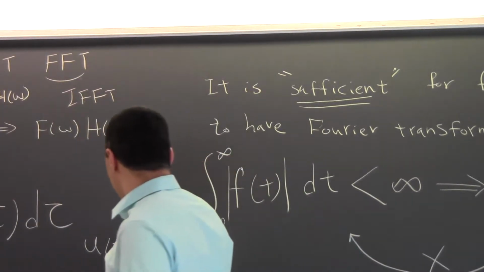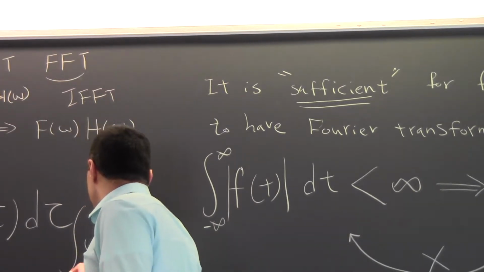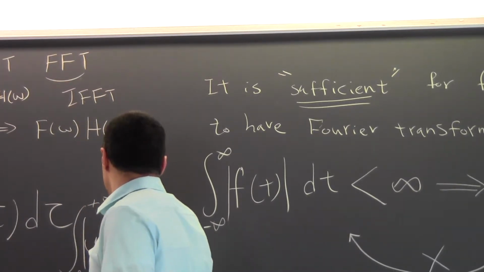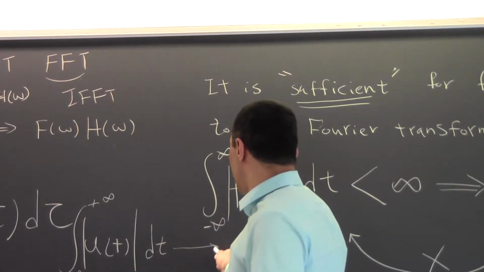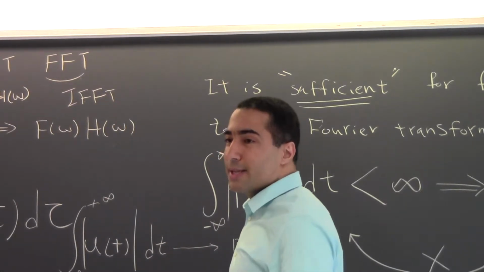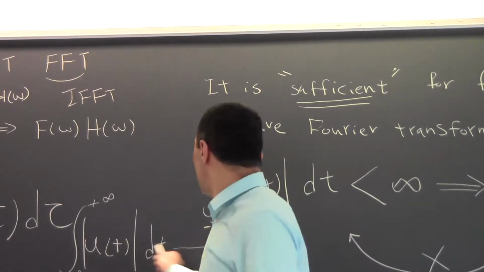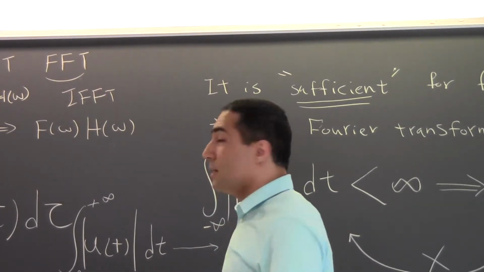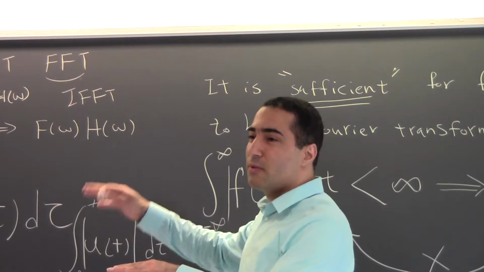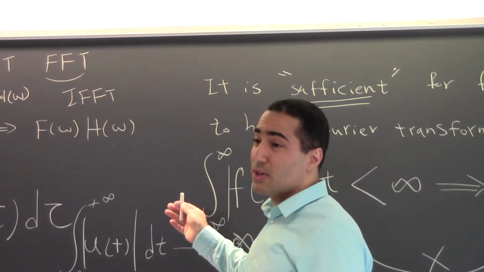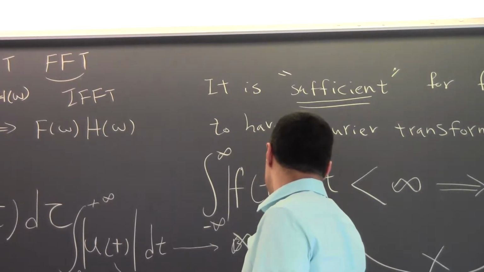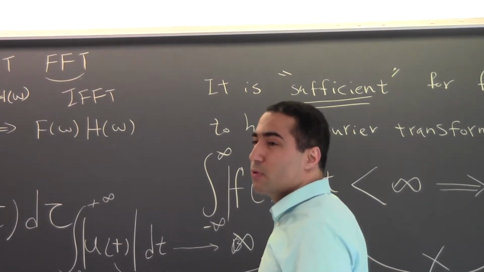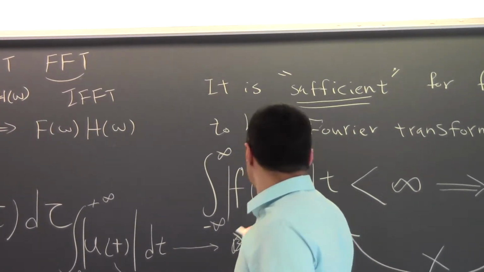So u(t), if you integrate it from minus infinity to plus infinity, dt, it's gonna blow up, right? Because you're summing up 1, 1, 1, 1, 1, and eventually it's gonna be infinity. But u(t) has a Fourier transform.